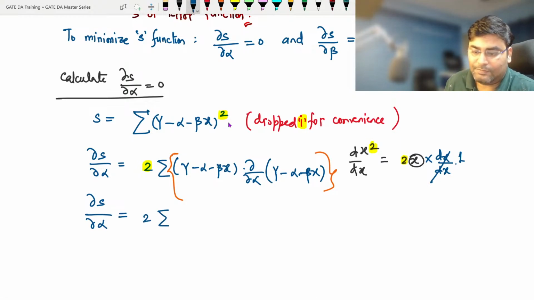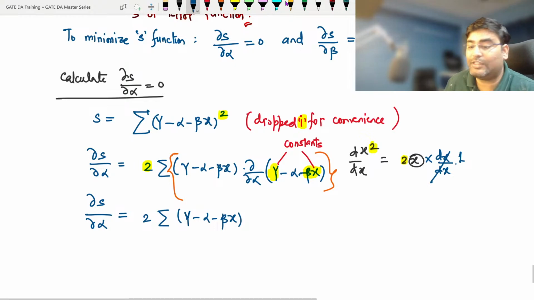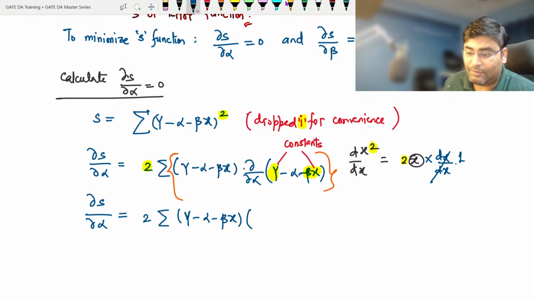So 2 sigma, y minus alpha minus beta x, and now you do it with respect to alpha. Y and beta x are all constant, my dear. When you are differentiating with respect to alpha, these are treated as constants in a partial derivative, and the differentiation of a constant is 0. So it will be 0 minus 1 minus 0.